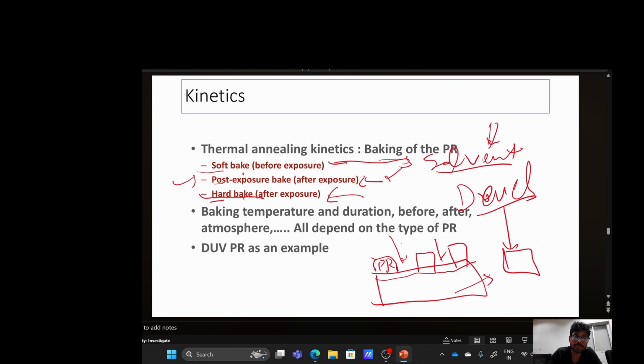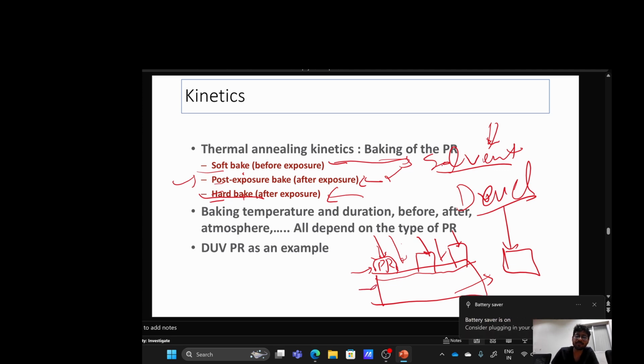So you need to do the hard bake. This will harden the photoresist, and it won't dissolve in acid, HF or HCl, so you can use the HCl, and this photoresist will be intact and will protect this layer underneath, so you can transfer the pattern.